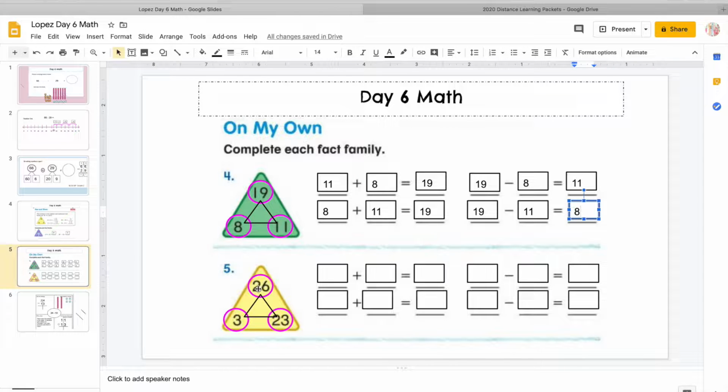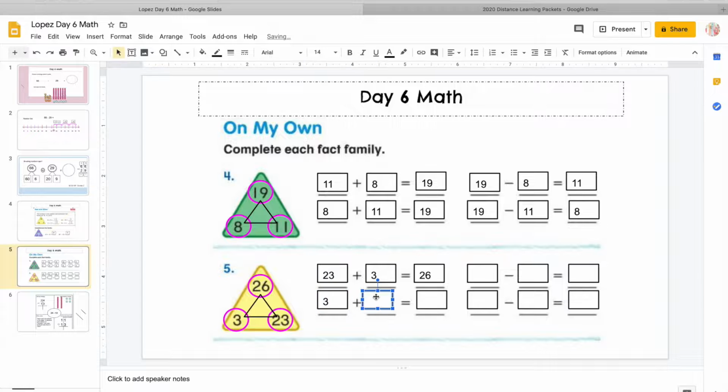Oh, and then we have 26, 23, and 3. So the same thing, you're just going to say 23 plus 3 equals 26. And then we're going to reverse these numbers. 3 plus 23 equals 26. And then to subtract, we always start with the larger number.